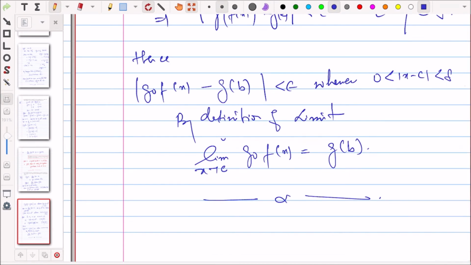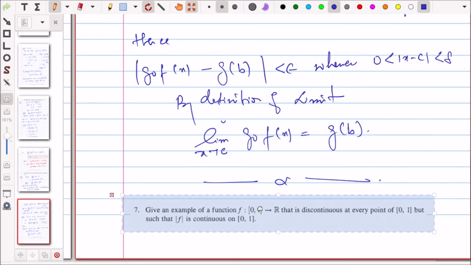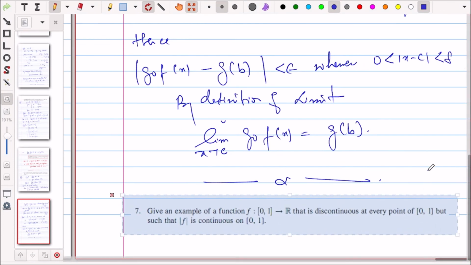Now let us take question number 7. We have to give an example of a function that is discontinuous at every point, but its modulus function is continuous.